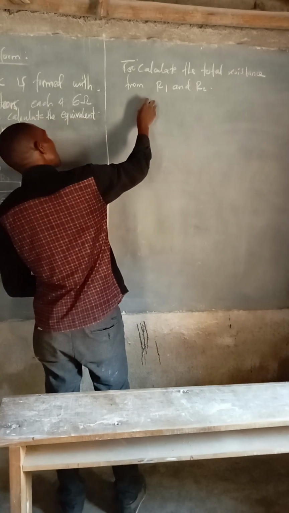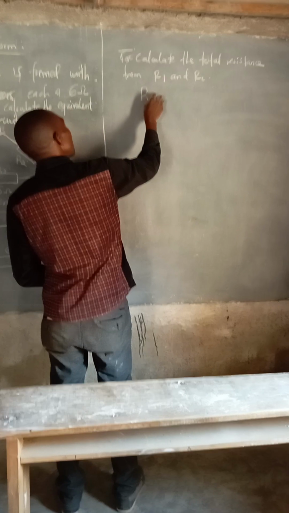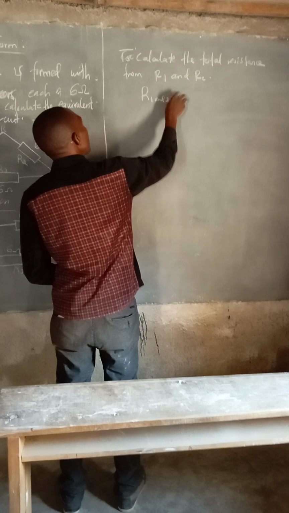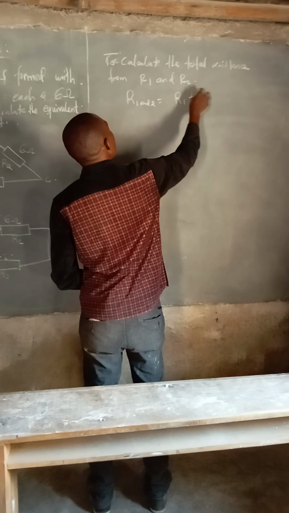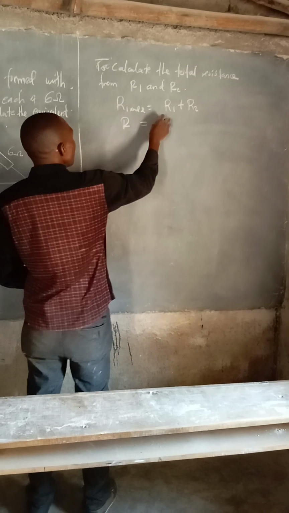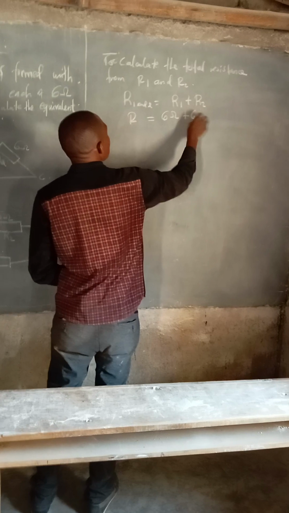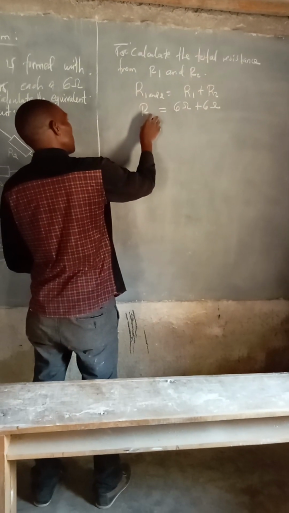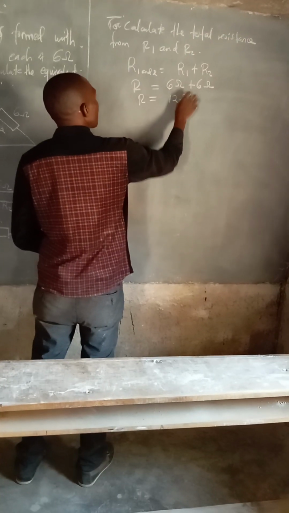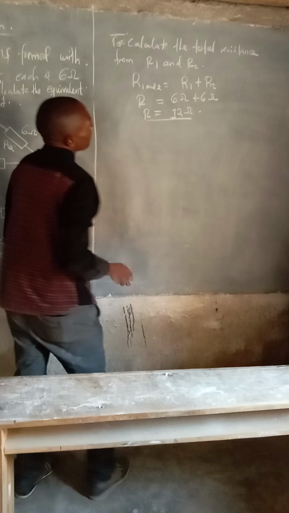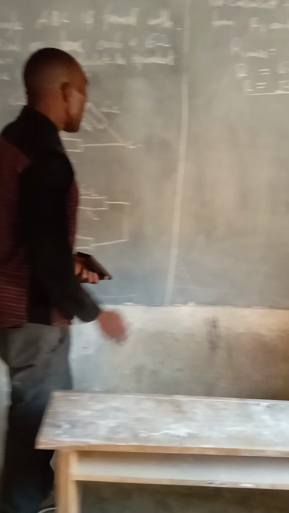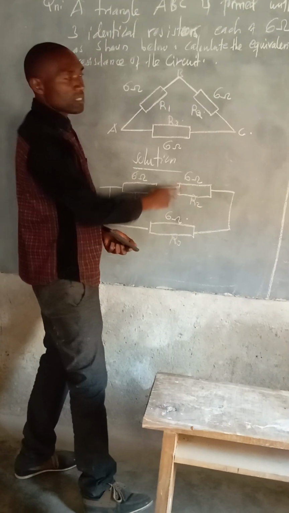Using the series resistor formula, R1 plus R2, R is equal to 6 ohms plus 6 ohms, which is 12 ohms. This is the total of this series.